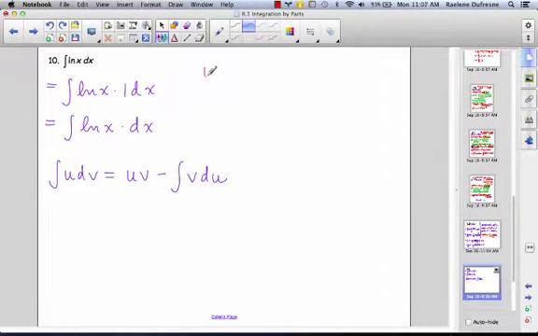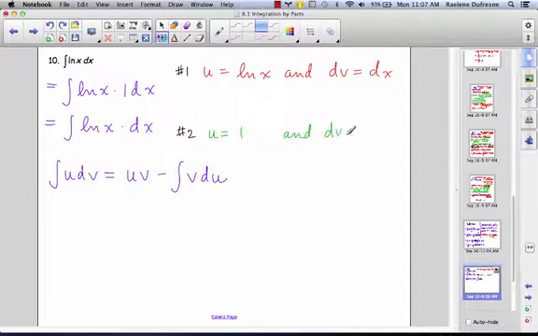We can either say we let u equal ln x and dv equal dx, or in option 2, we let u equal 1 and dv equal ln x dx. So just take a moment and for each of the two possibilities work out the du and the v. Maybe pause the video.